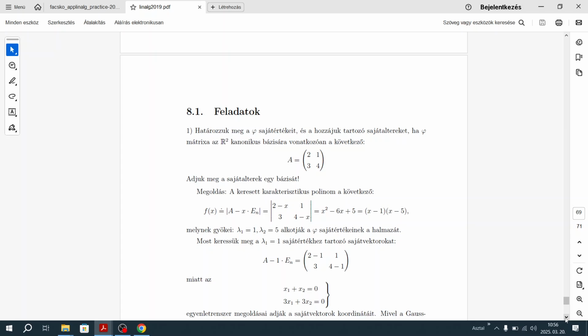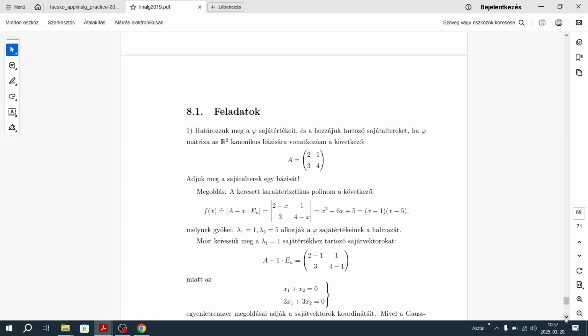However, the trace is nothing more than the sum of the eigenvalues again.